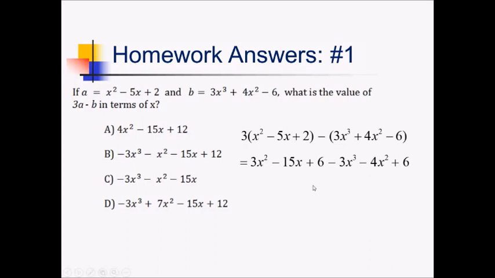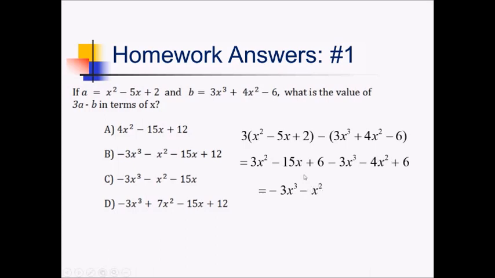Next, I'm going to combine like terms. And while I'm at it, I'm going to write these in decreasing order of exponents, because that's how the answer choices are written. So looking through here, the highest exponent is actually this negative 3x cubed. So I'm going to write that first, and notice that the negative goes with it. Next, x squareds, I have a 3x squared. I have a negative 4x squared. 3 minus 4 gives us a negative 1x squared.